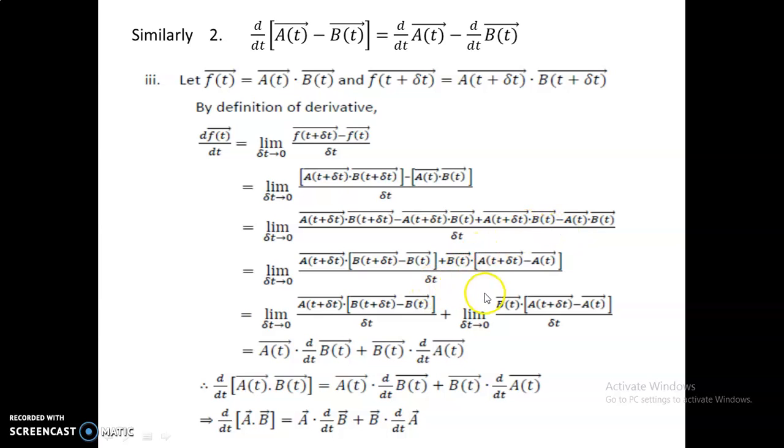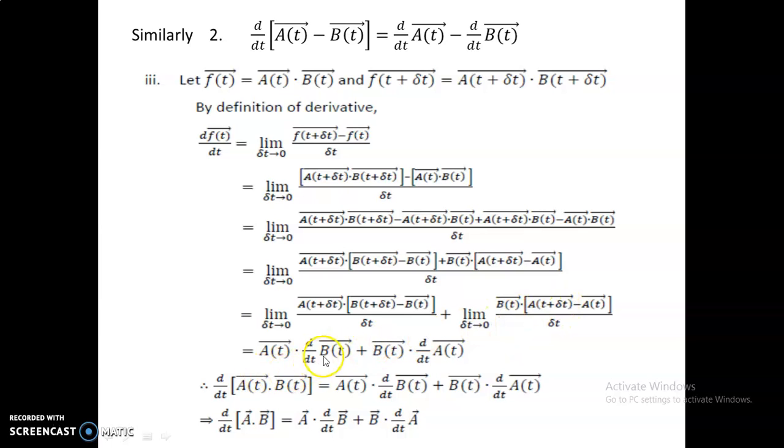Taking the limit of the individual terms, a of t plus delta t becomes a of t itself, times d by dt of b of t, and then we have the common term b of t times d by dt of a of t.